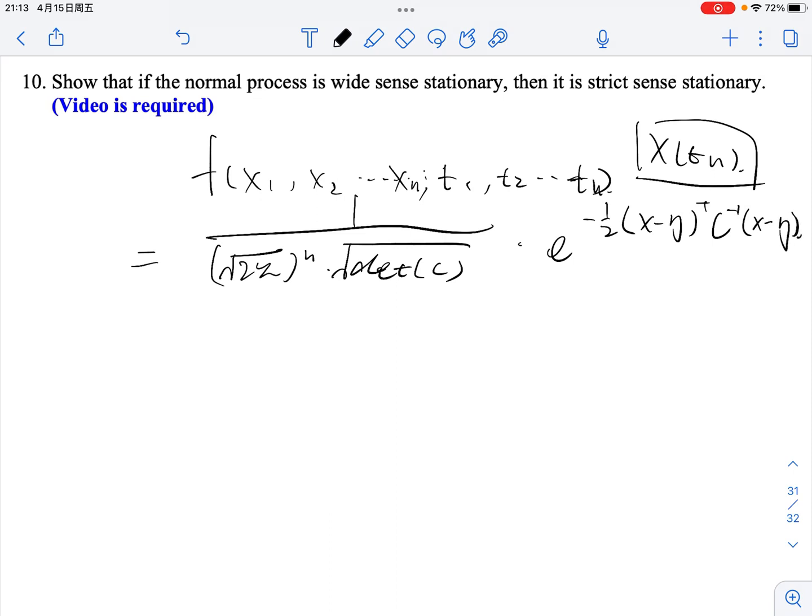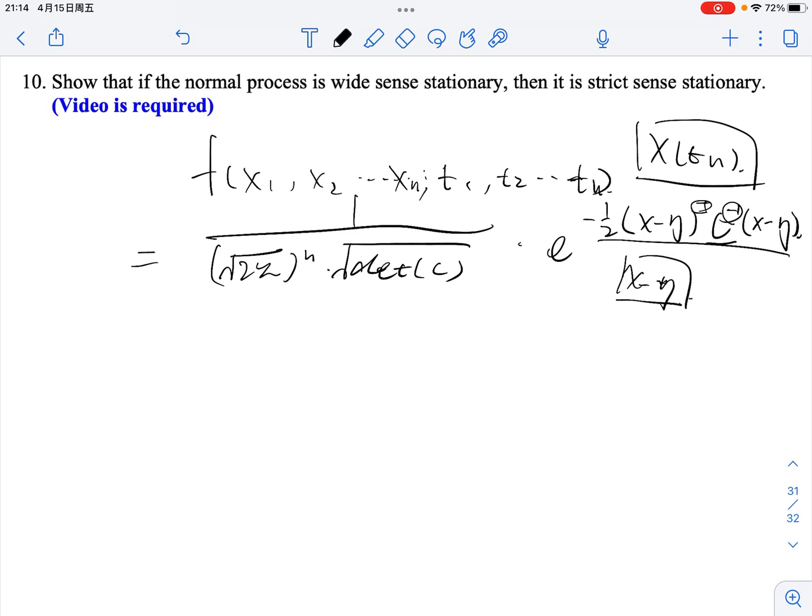Since this is a general normal process, it is just like a multivariate Gaussian, so everything here is in matrix notation. x minus eta is a vector, and we take its transpose, and C is the covariance matrix, and we take its inverse.